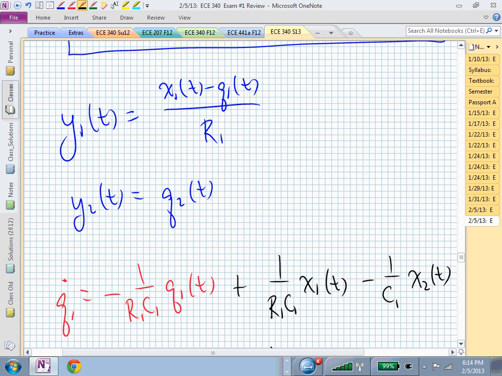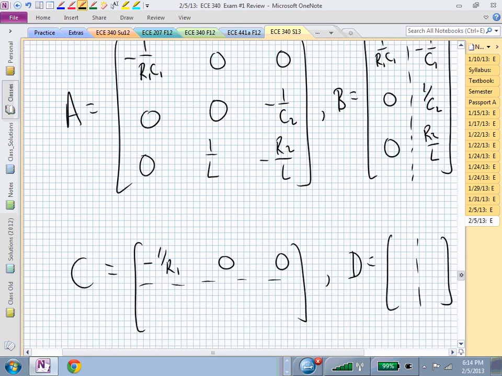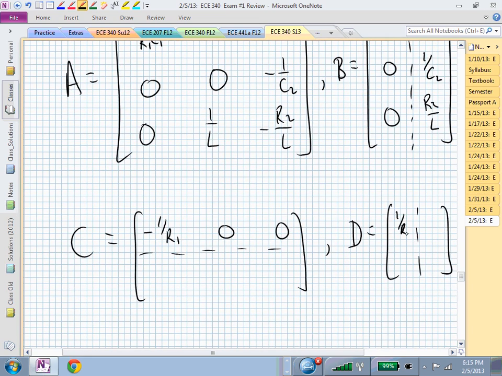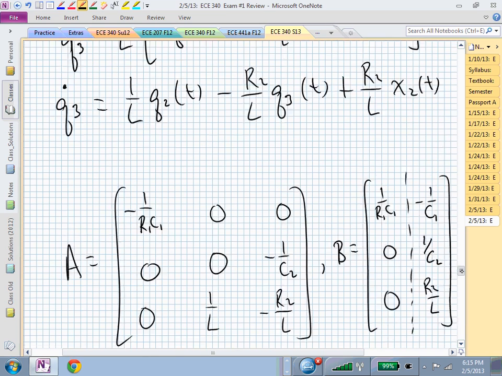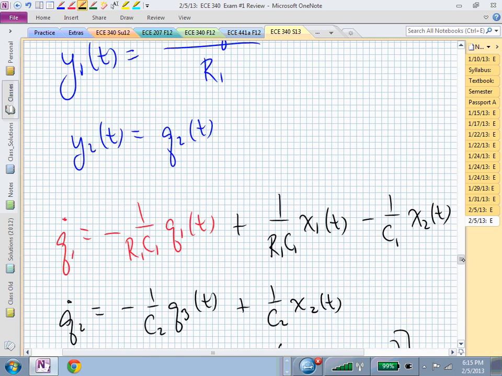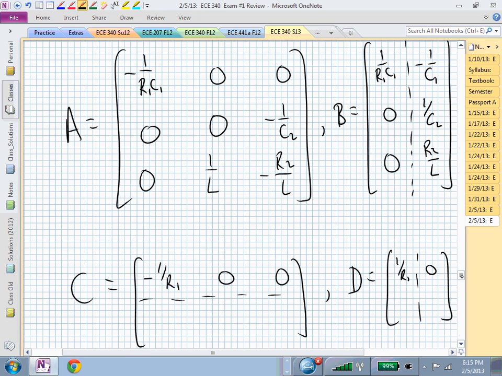Now I'm asking, are there any x's in my output equations? And there is one. There's an x sub 1. And its factor or scale, its coefficient is 1 over r sub 1. Then the second row is just q sub 2.